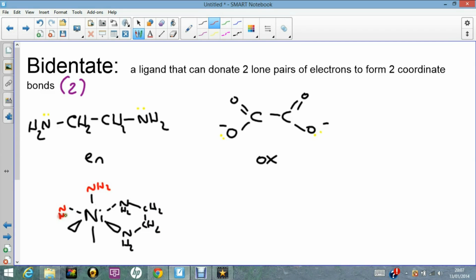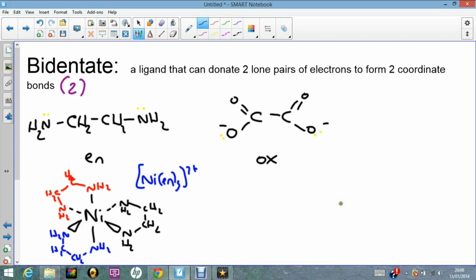Again, I'm making sure that the bonds go to the nitrogens. That's 2. Final one is there. So there I've got the nickel EN3 complex.